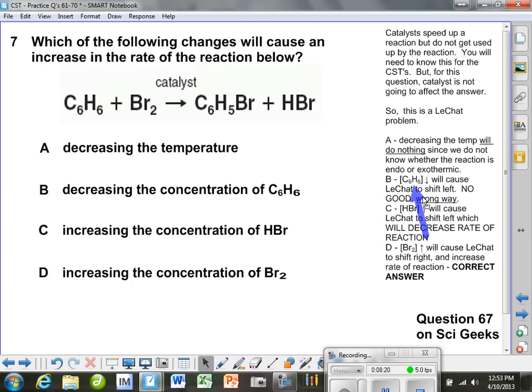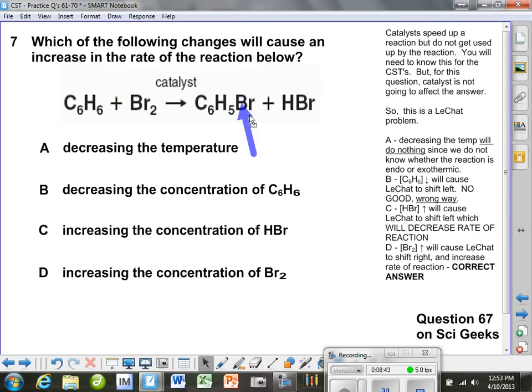Now, in letter B, we are decreasing the C6H6. Now, Le Chatelier has to shift to the left to make more. When we decrease the concentration there, we are actually going to bring this down, and Le Chatelier wants to bring it back up.